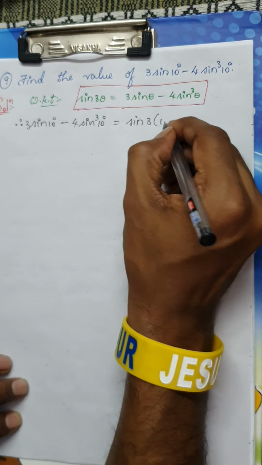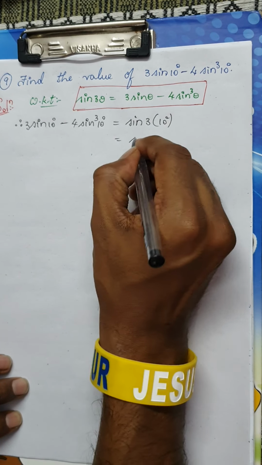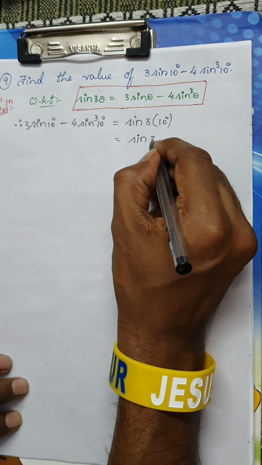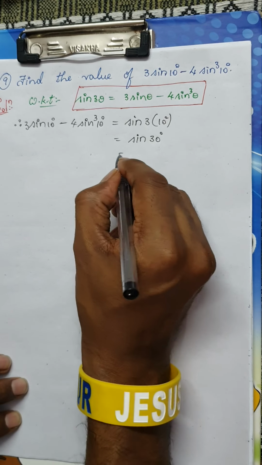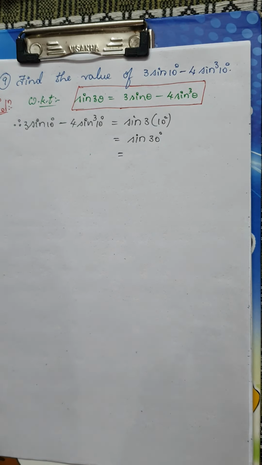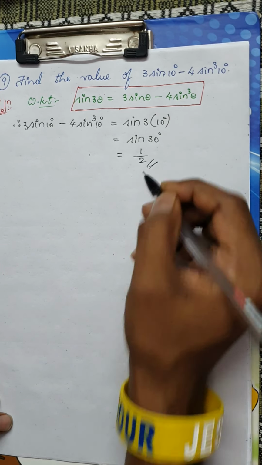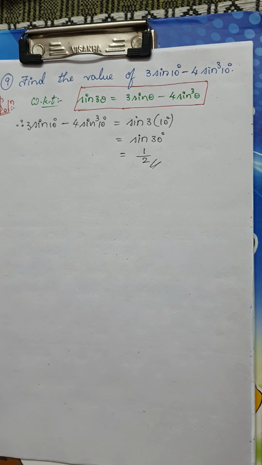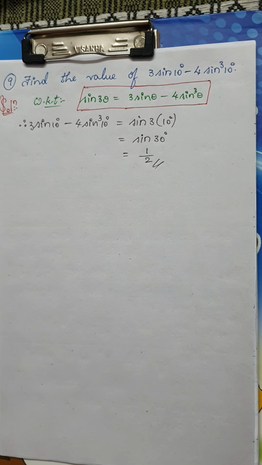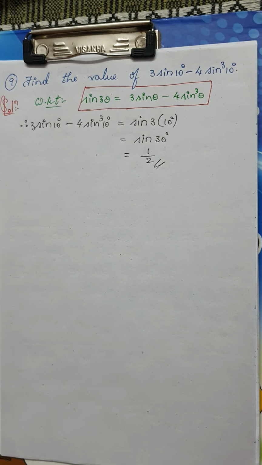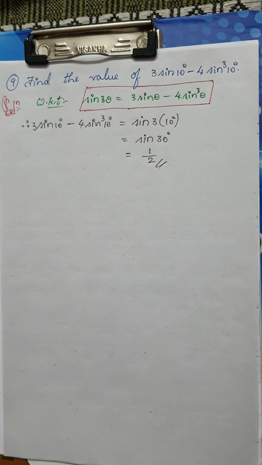What is theta here? 10 degrees. So this is sine 3 into 10, which is 30 degrees. Sine 30 is nothing but 1 by 2. That is the answer. See how simple it looks. The question may look very awkward, but the solution is very simple, provided you know the required formulas.